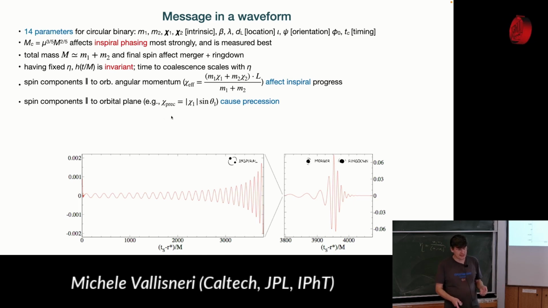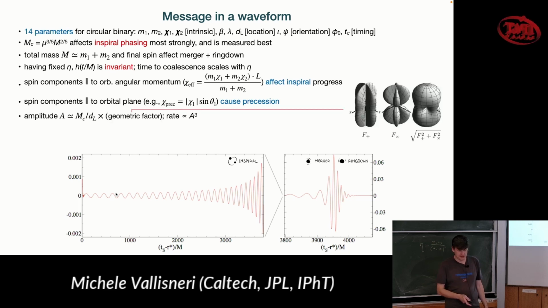Instead, the components that are perpendicular to the orbital angular momentum, so parallel to the orbital plane, are the ones that cause precession of the spins due to spin-orbit and spin-spin interactions. And precession would manifest in the waveforms as longer-term modulations, basically. Oscillations.